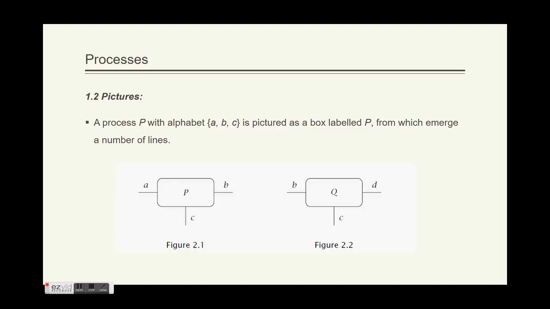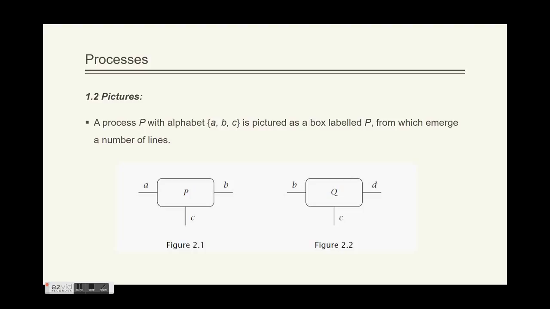So the next we have here is pictures for concurrency representation. A process P with alphabet A, B, C is pictured in a box labeled P, from which emerge a number of lines.